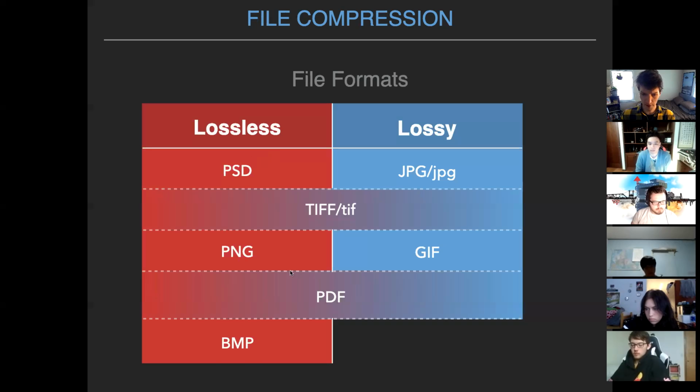Things to note here are that the PNG standard is really popular for its option of having transparency. And it's got pretty wide acceptance for using that file format everywhere.